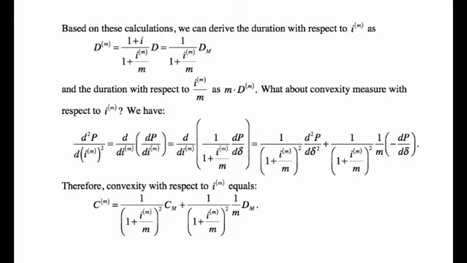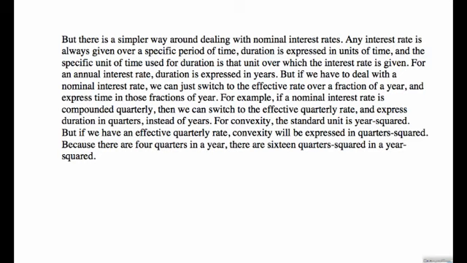But we can also solve this entire problem by switching to an effective interest rate over a shorter period of time. And duration is expressed in units of time. The unit of time is the one that is used for the period of time over which the interest rate is given.